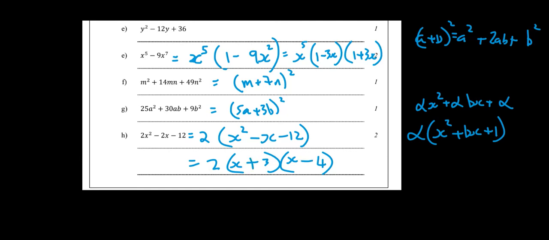Now, you may be wondering how you decide which value is positive and negative. Well, I always think of it as we need to add or subtract to give negative 1. The only combination there which gives negative 1 is adding negative 4 plus positive 3. Okay, let's move on.